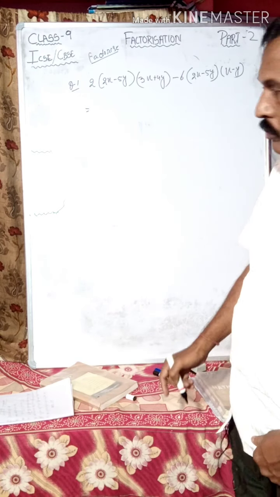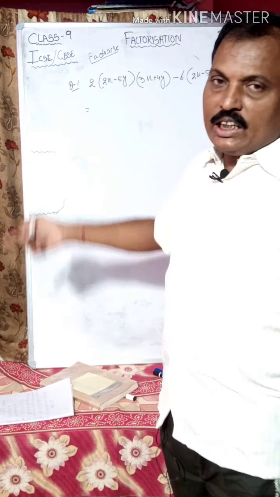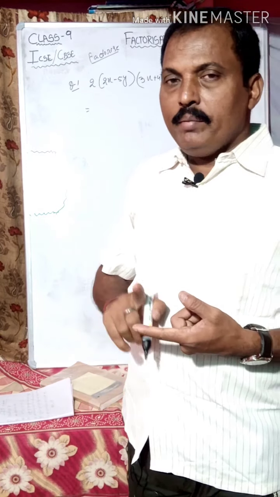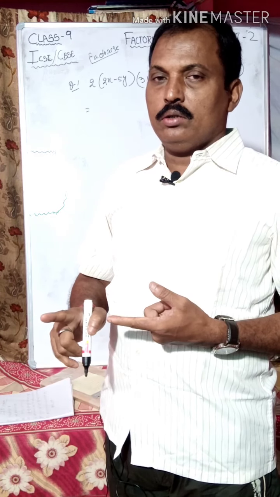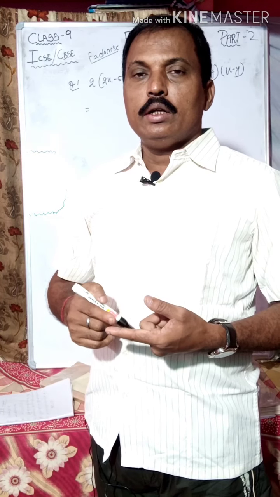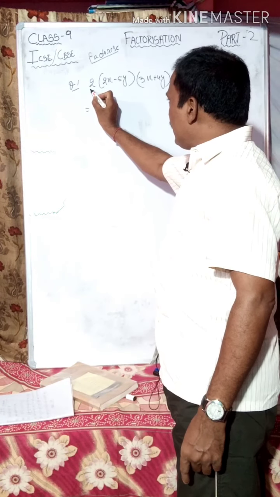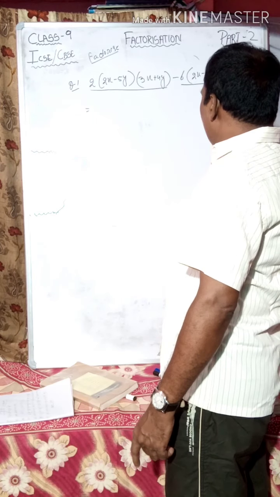Now look here, how many terms are in this expression? Multiplication and division make one term; plus or minus separates the terms.